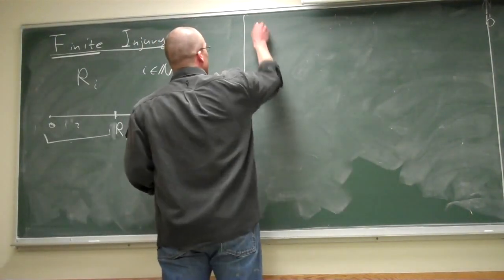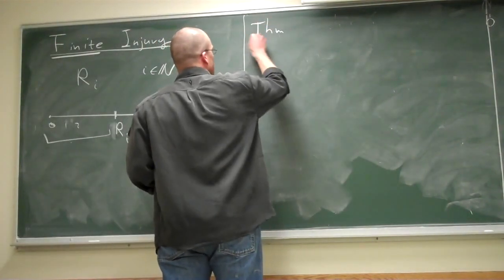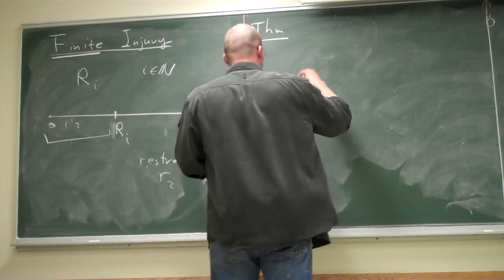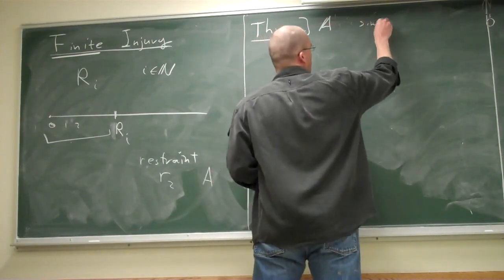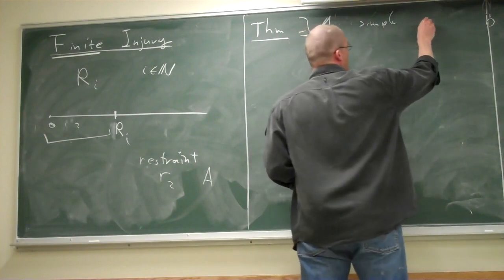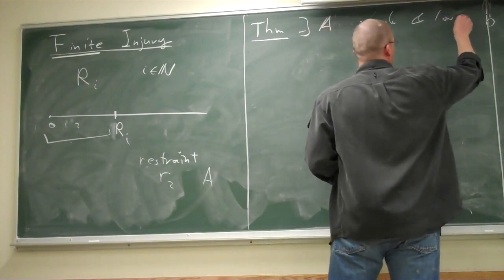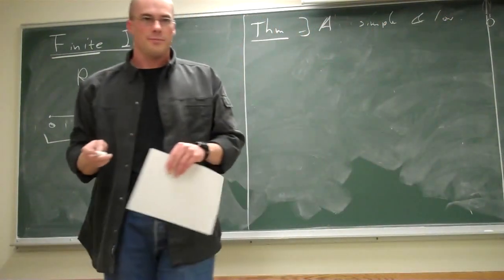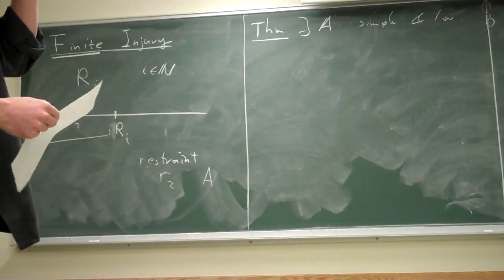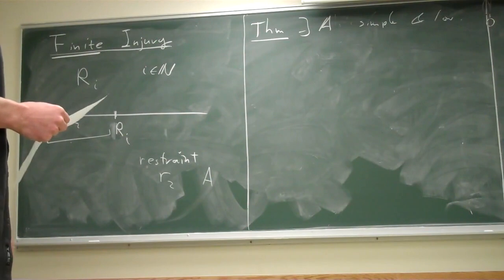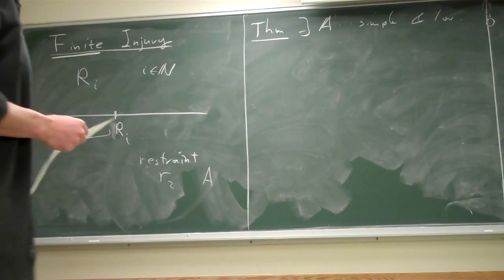Okay, theorem. There exists an A which is both simple and low. Right?